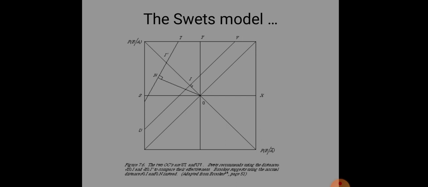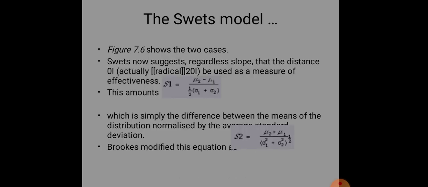Swets used this OI, that means the distance from the origin to UV, as the measure of effectiveness. That is the main point. Swets used the distance of UV from the origin in order to find the effectiveness of this particular system. And we can prove that this distance is mu2 minus mu1 divided by half of sigma 1 plus sigma 2.